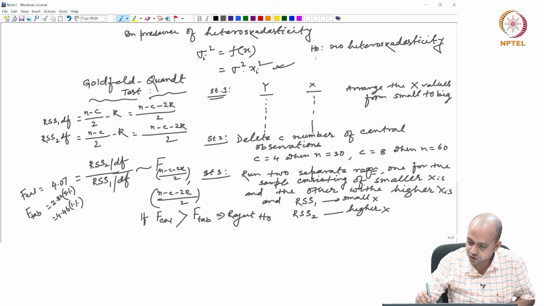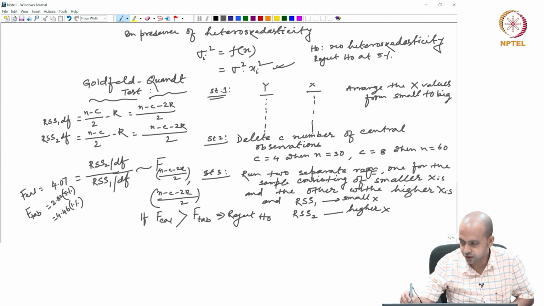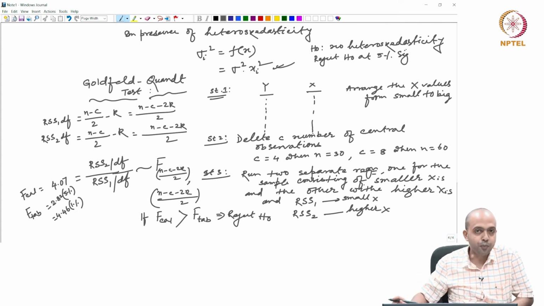So, reject H naught at 5% significance. But if you determine that you will reject the null only at 1%, then actually you cannot reject your null.